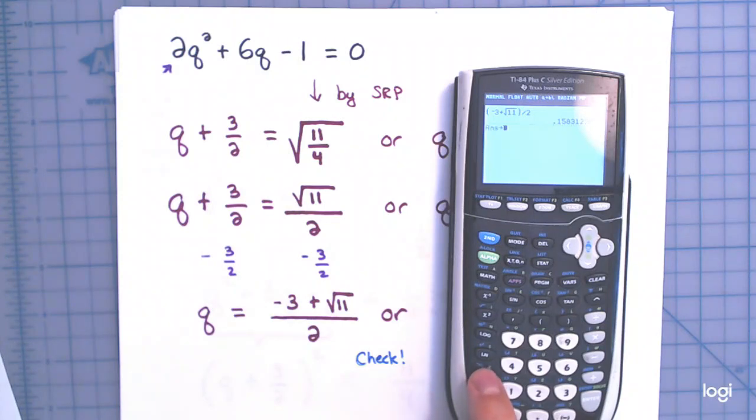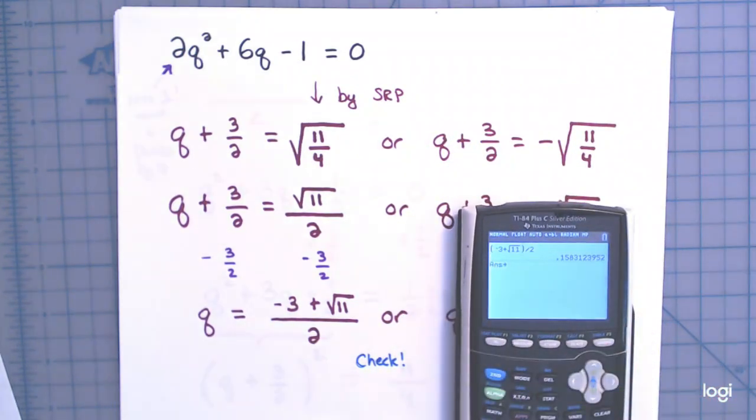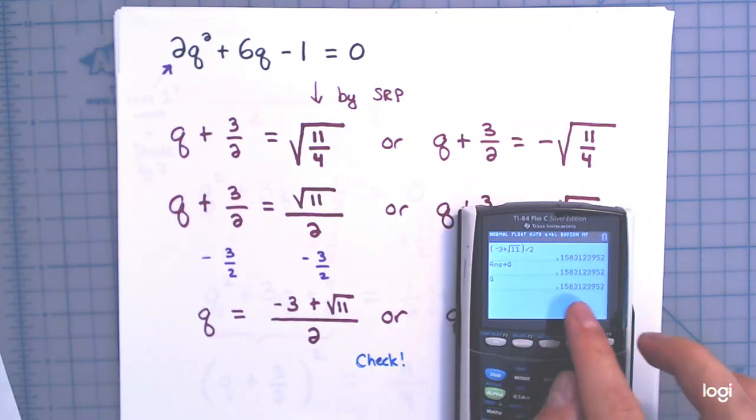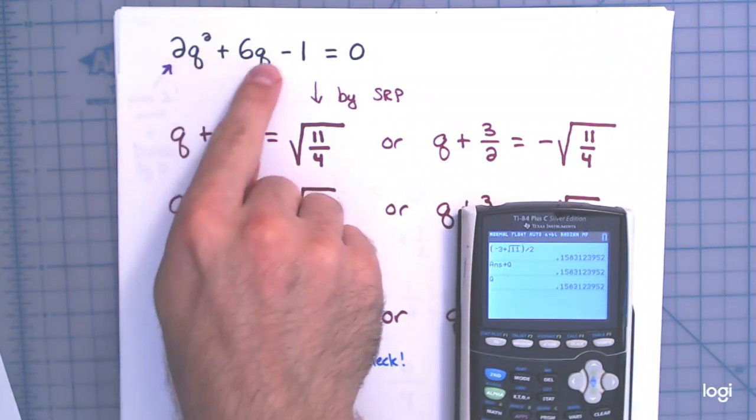I can store my previous answer as whatever I want, and since it's the letter Q here, I'm just going to use the letter Q. You can use the alpha key to enter your letters, and I hit enter when I enter the Q. So now whenever I enter the letter Q, it's going to be -3 plus the square root of 11 divided by 2, this 0.15831233952. Let's plug that into our equation.